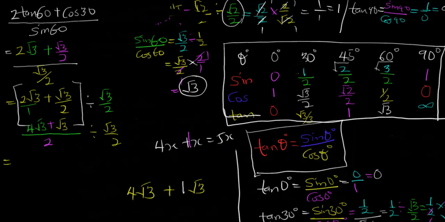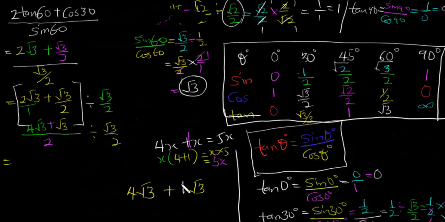In other words, you can factorize out the common term x, and you'll be left with 4 and 1 here. So 4 plus 1 is 5, and you have x times 5, so the final answer is 5x.